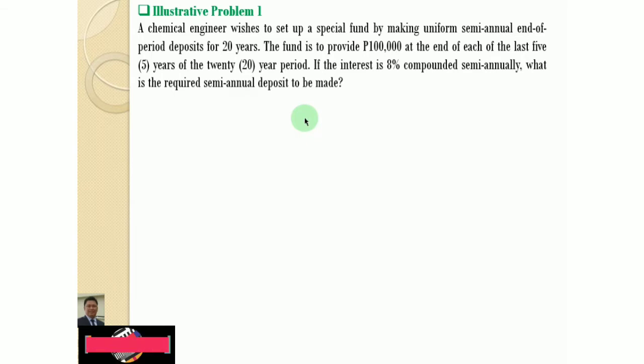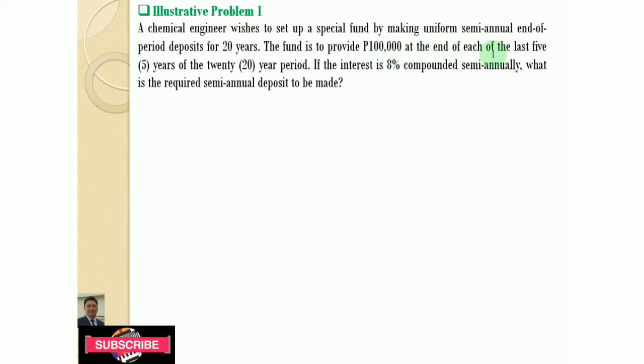Okay, so based on this problem, we are given this 20-year period, but we are also considering semi-annual compoundings at 8%.